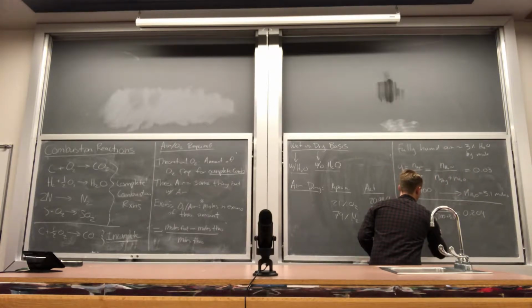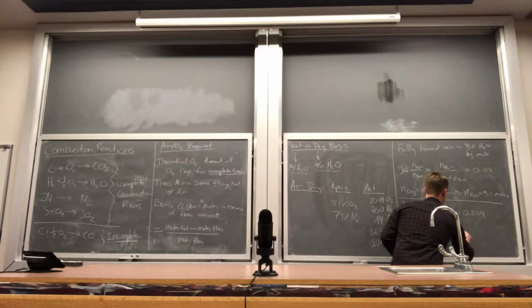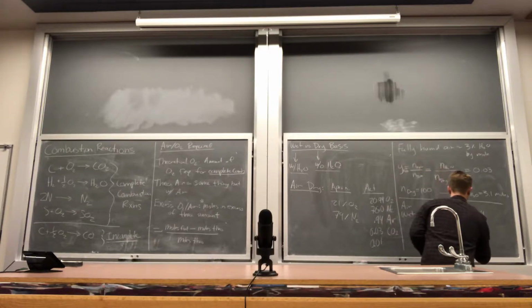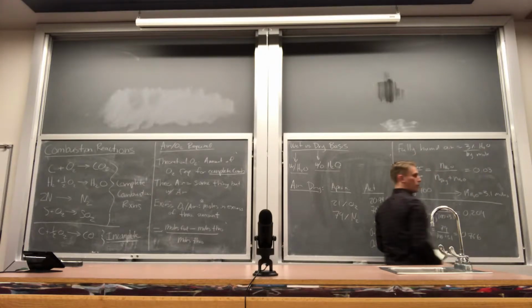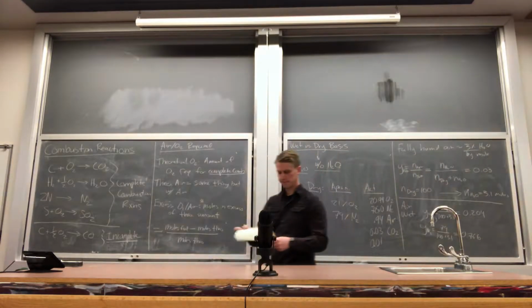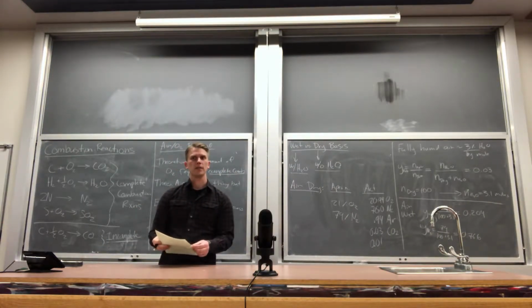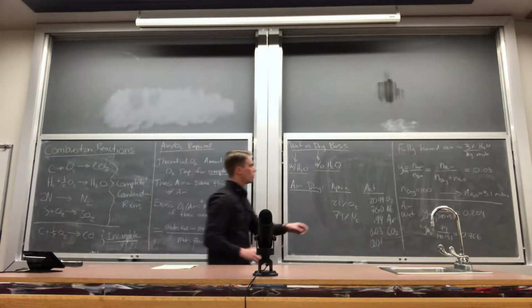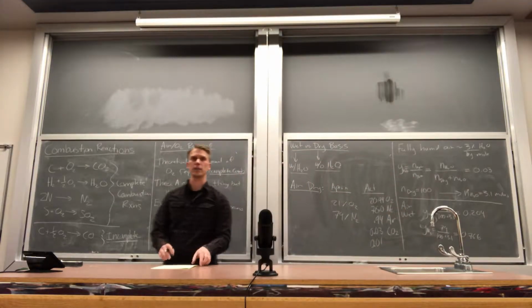Y of N2 is equal to 79 divided by 100 plus 3.1, which is equal to 0.766. And we've already said that air is 3% water. Any questions on wet versus dry basis? The only thing that's changing is what your total number of moles is when you're calculating your mole fraction.